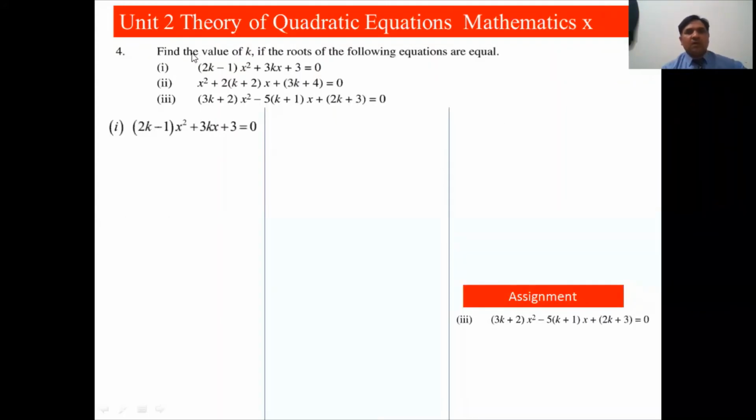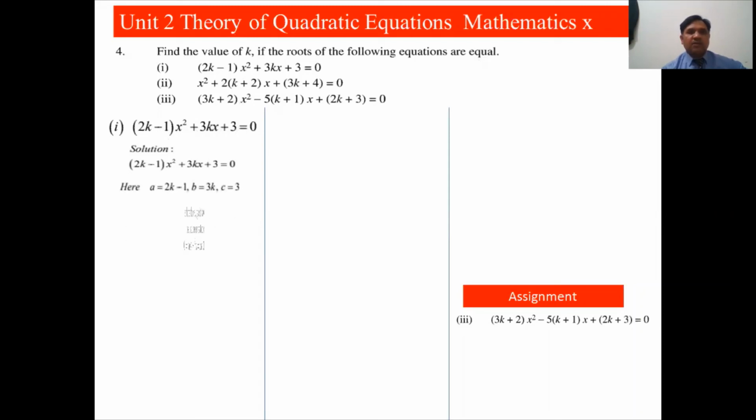Question number 4. Find the value of k if the roots of the following equations are equal. Part 1: (2k minus 1) x square plus 3kx plus 3 is equal to 0. Solution. Here a is equal to 2k minus 1, b is equal to 3k, and c is equal to 3.